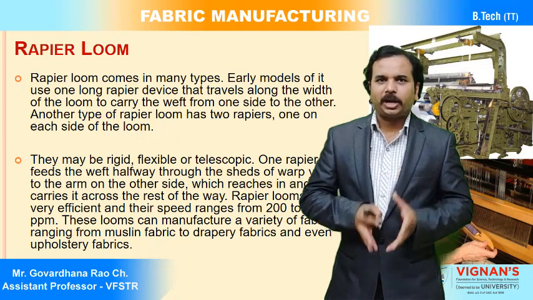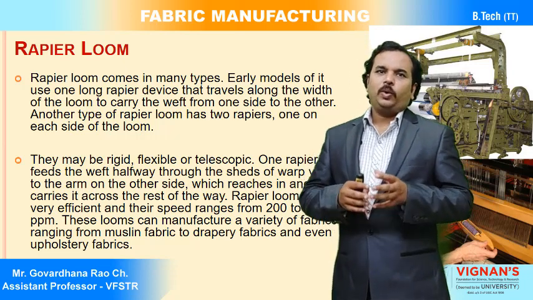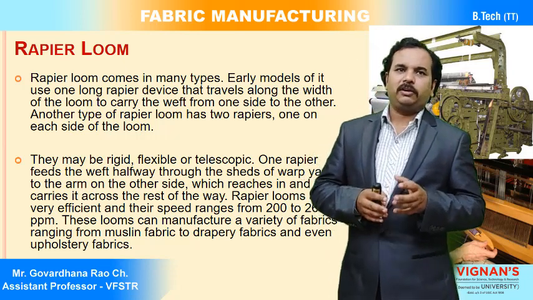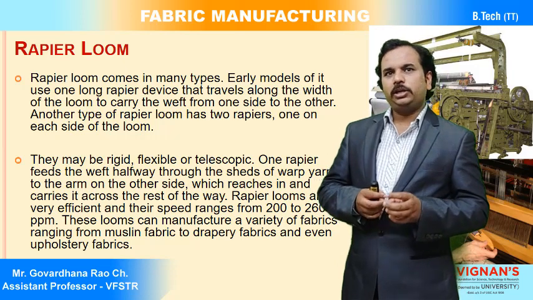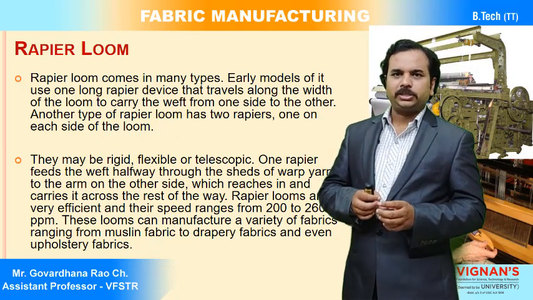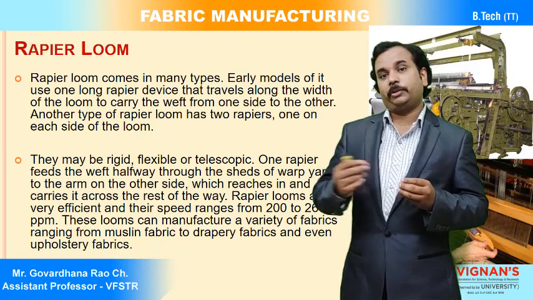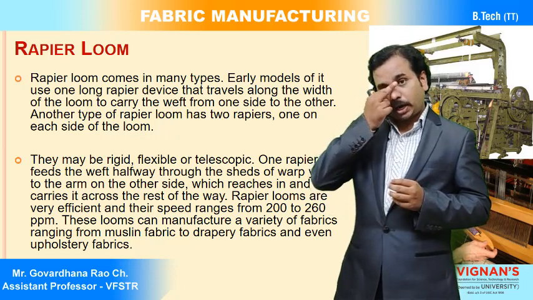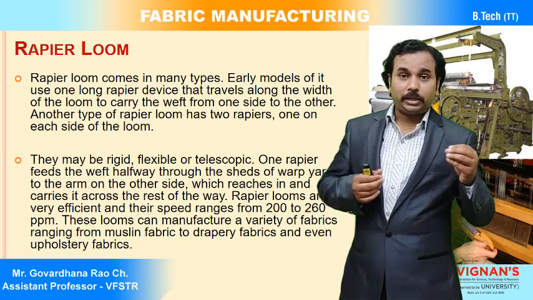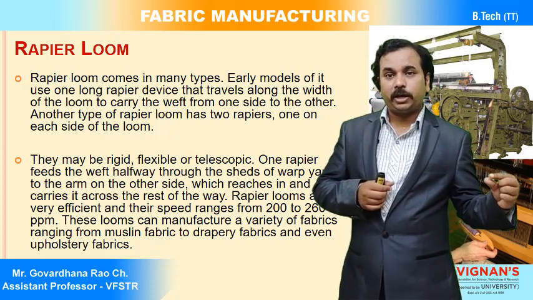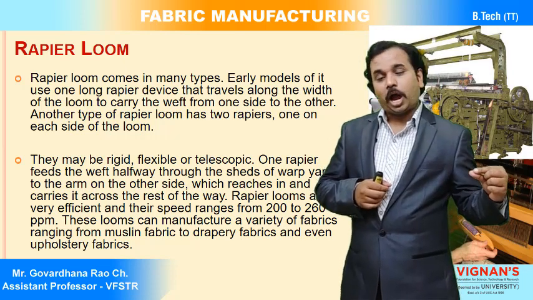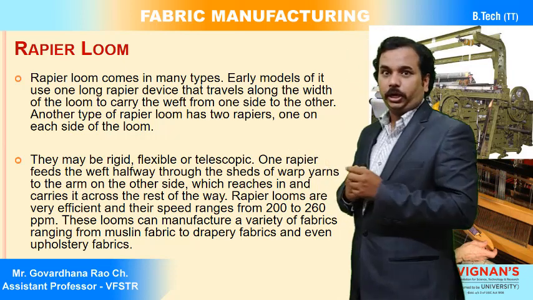So there are subclassifications. In the double rapier system, one rapier feeds the weft halfway and the second takes it from the half part. If we have one rapier head, the rapier holds the weft yarn from one side and takes it up to the other end.